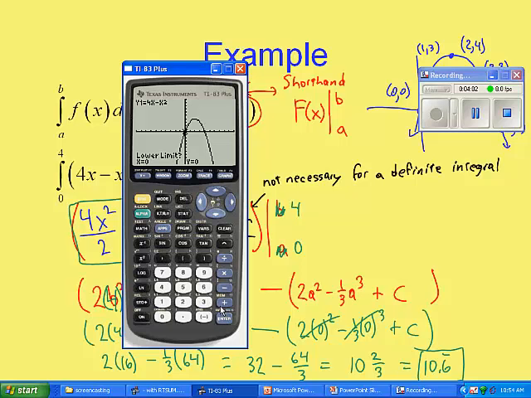A. What's our A? 0. So I would press 0, enter. Now it says upper limit. And notice it puts a little arrow here. I'm going to put 4, enter. Look, it even colored in the area it found. And it says that the integral of f of x dx is 10 and 2/3. Isn't that nice?